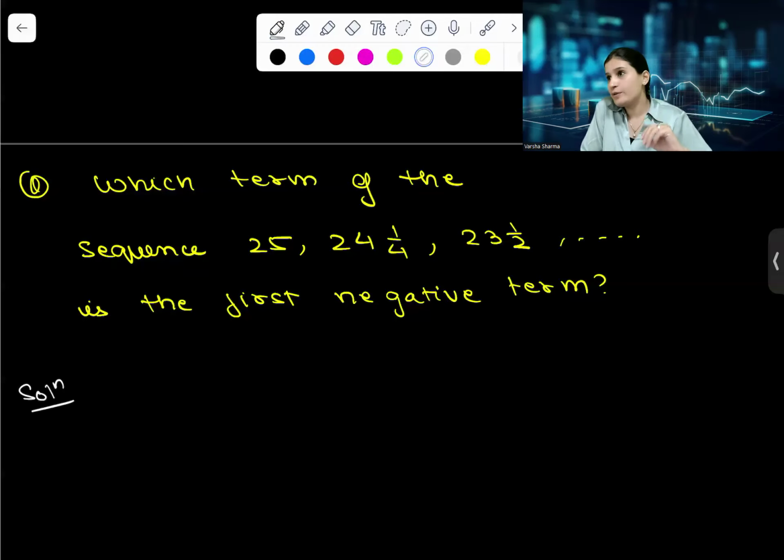So in this case, we don't know which term. So we'll first find out the general term, random term, that is an. So get me an here.